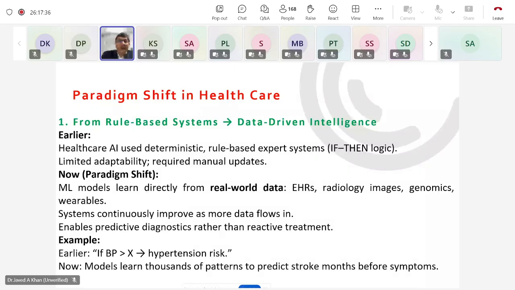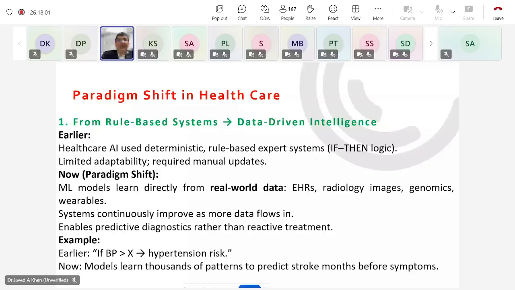But now we are using machine learning models that learn directly from real-world data: EHRs, radiology images, genomics, wearables. Systems continuously improve as more data flows in, enabling predictive diagnostics rather than reactive treatment. So that is the paradigm shift.